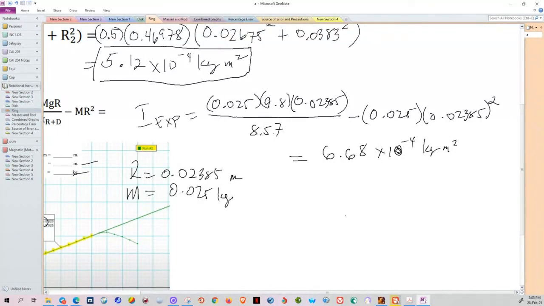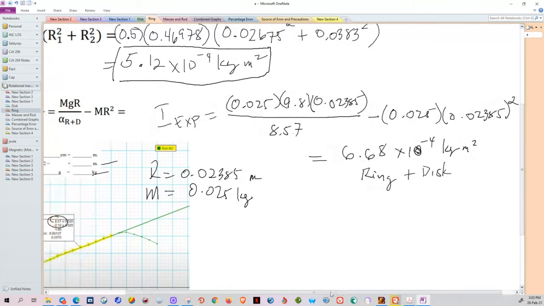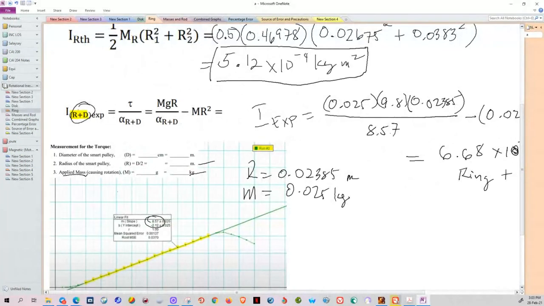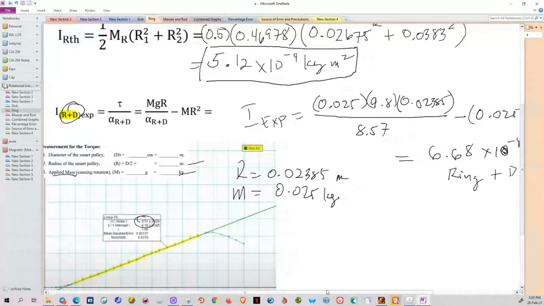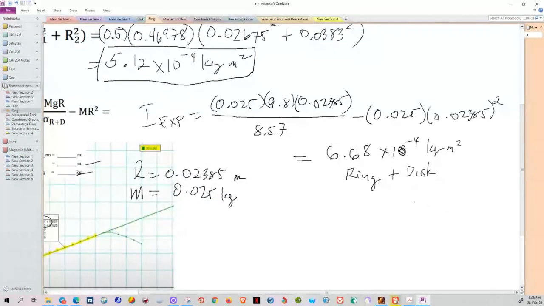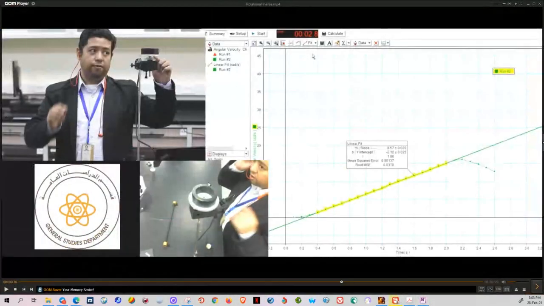So why is there a big difference? Because this is the inertia of ring plus disk together. That's what it means, inertia R plus D. Why do we have the value of ring plus disk together? Because the ring and the disk were together during rotation.